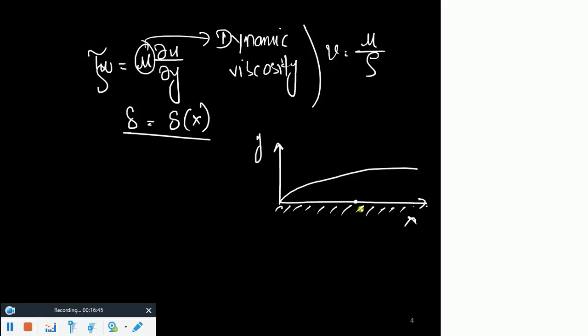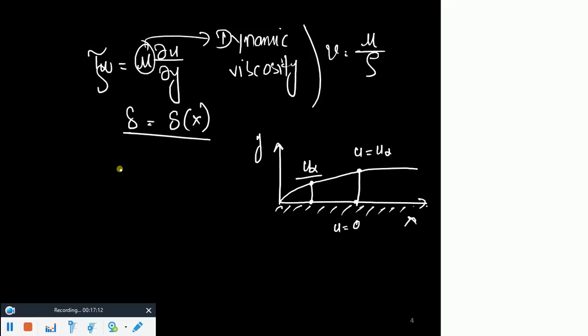Now see, what is the velocity over there? 0. What is the velocity over there? U infinity. Now, what is the velocity over there? The same velocities, isn't it? At this point, velocity has to cover a lesser gap to reach that value, but here it has a larger gap.